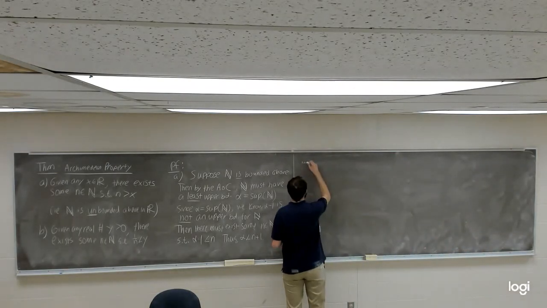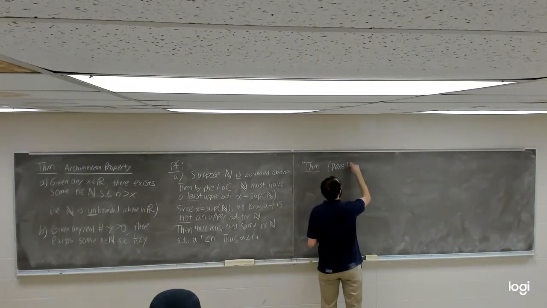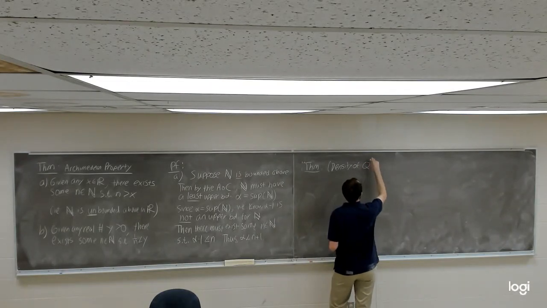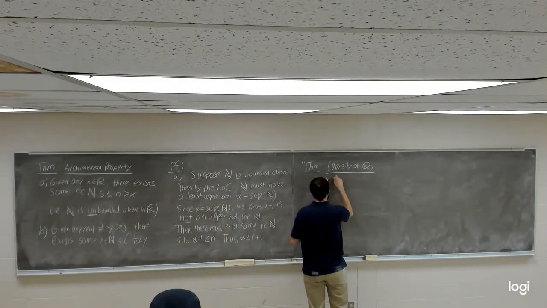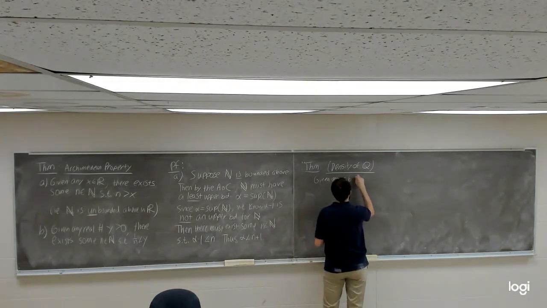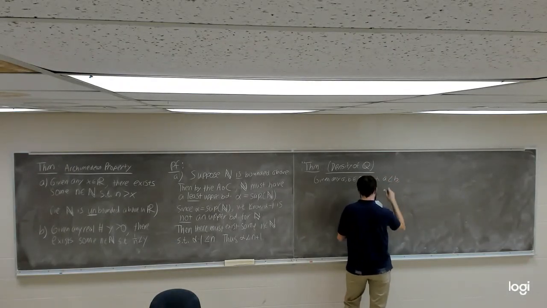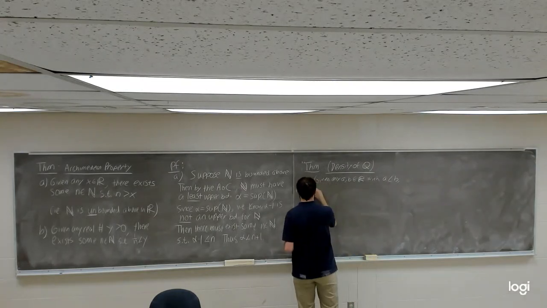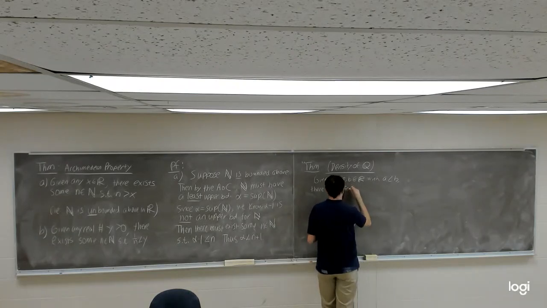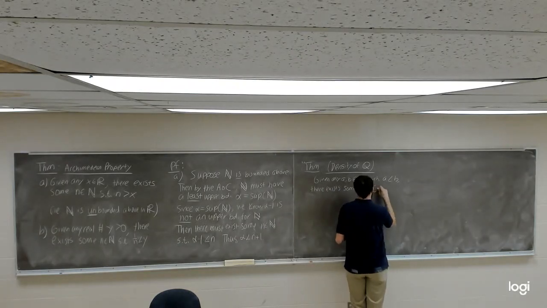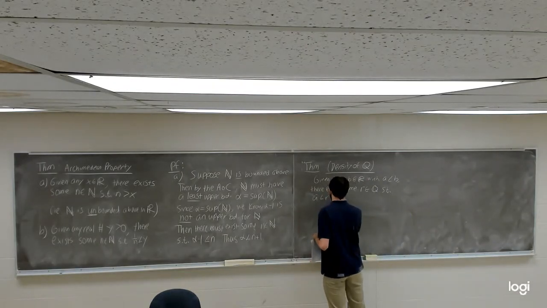So the density property of the rationals is going to say that given any two real numbers, a and b, with a less than b, there exists some rational number r such that a is less than r is less than b.